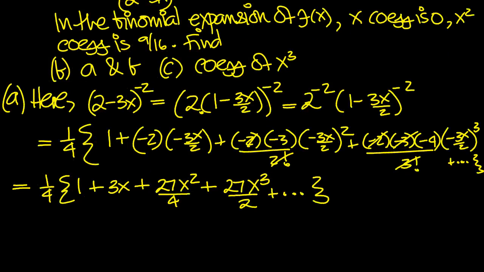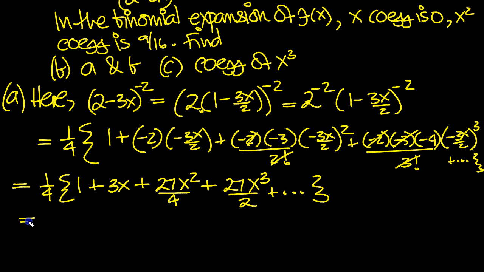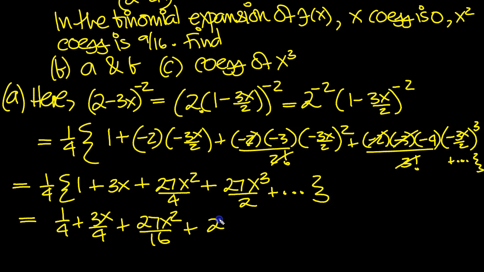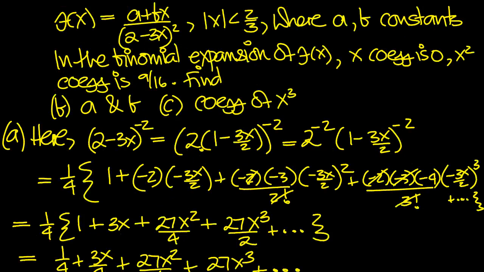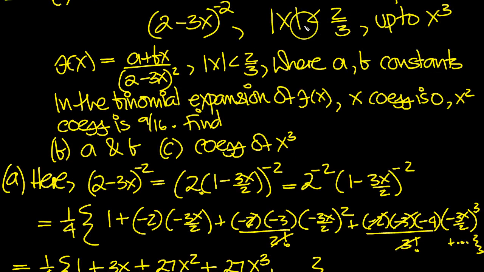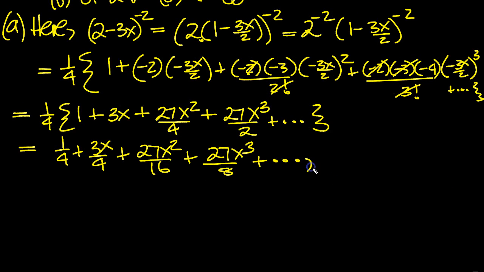So let's run the quarter through now to write down the final answer. So it's 1/4 plus 3x over 4 plus 27x squared over 16 plus 27x cubed over 8, plus dot dot dot. So there's our binomial expansion of that term. Here's the condition, so let's just obtain that.